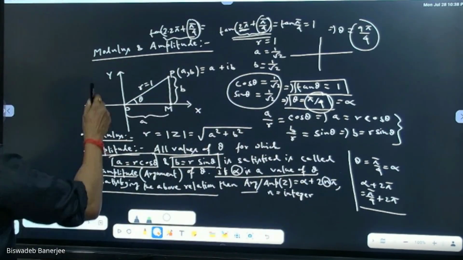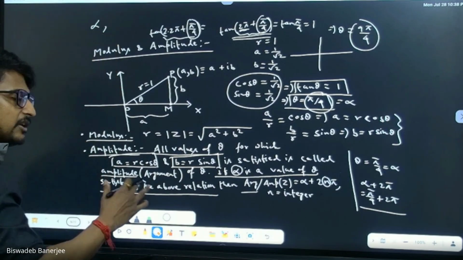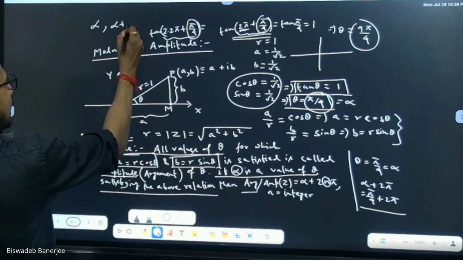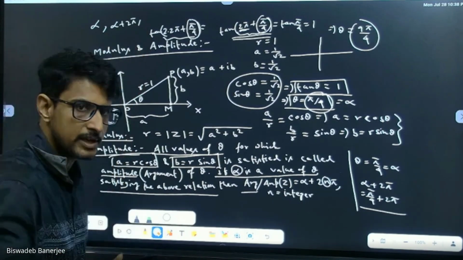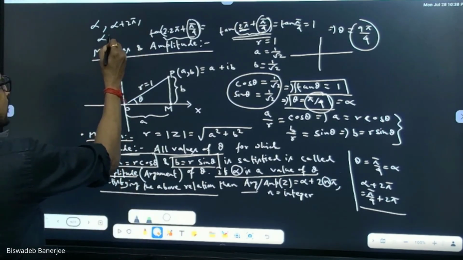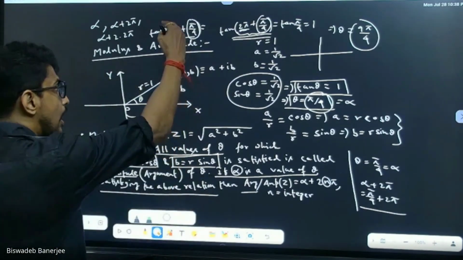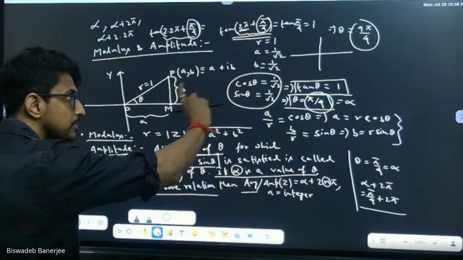That means if alpha is my amplitude, if we put n equal to 1, alpha plus 2 pi is also my amplitude. Alpha plus 2 into 2 pi is also my amplitude.